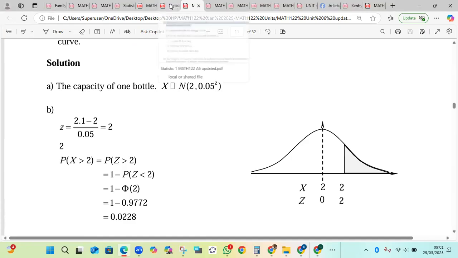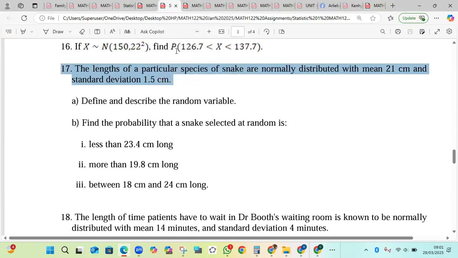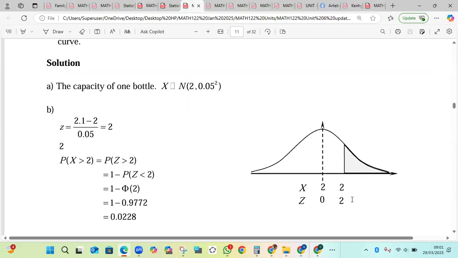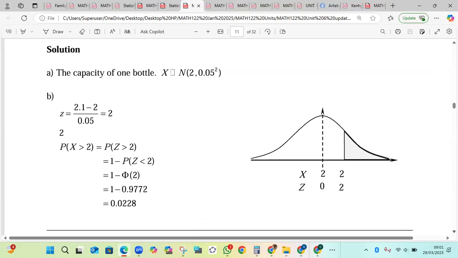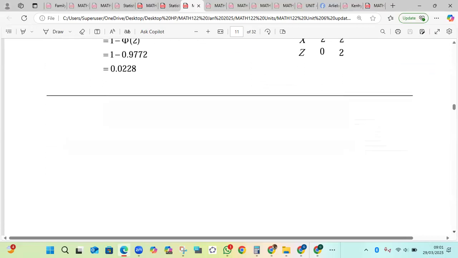You've got to look at the direction that you've got to shade. You've got to shade less than 23.4, so all the area that is less than 23.4. Most likely you realize that you are in a big chunk.